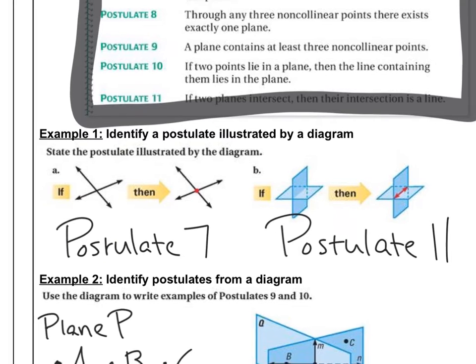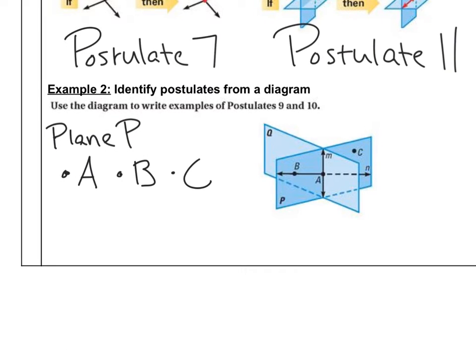So in looking at our illustration down here, 2 points that lie in a plane, so we'll talk about point B and point A. If those 2 lie in the same plane, then line N, which is the line that contains both of them, I'll highlight it kind of here for you, also is in that plane.